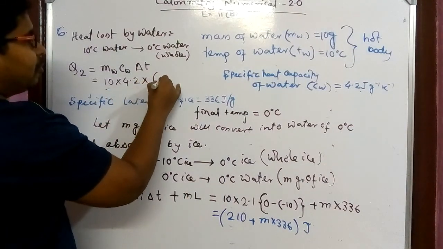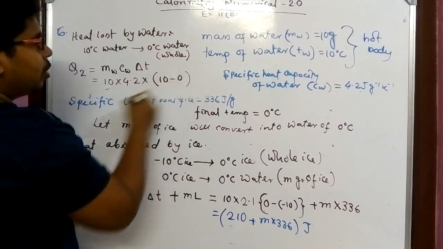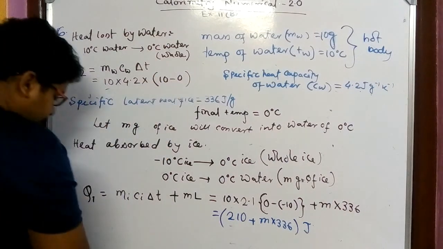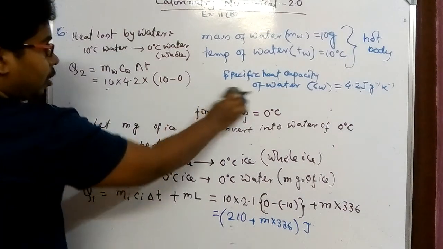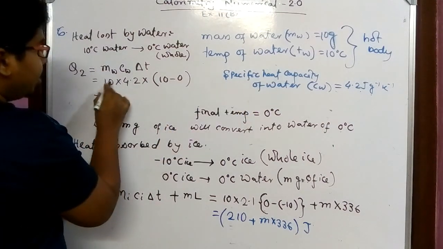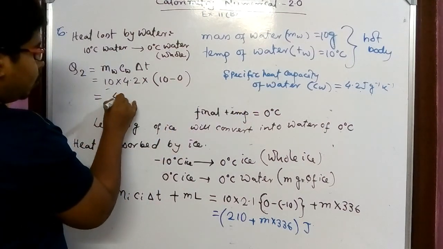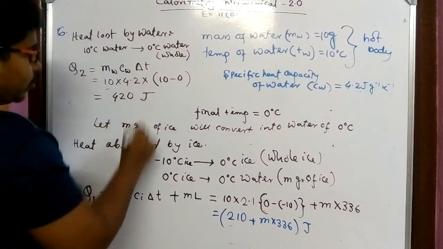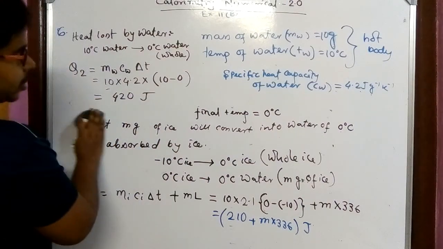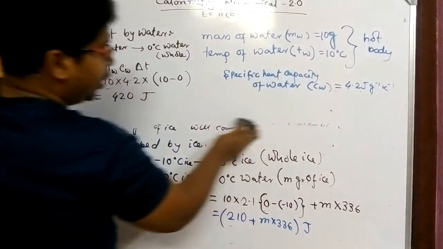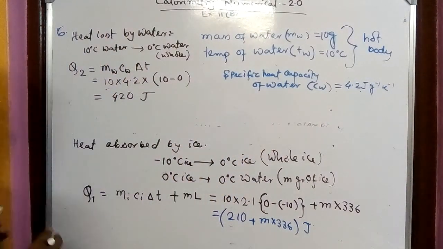Del T, temperature difference 10 degree to 0 degree, 10 minus 0. So it is coming 10 into 4.2, 42, so 420 joule. This much heat energy is released or lost by water.